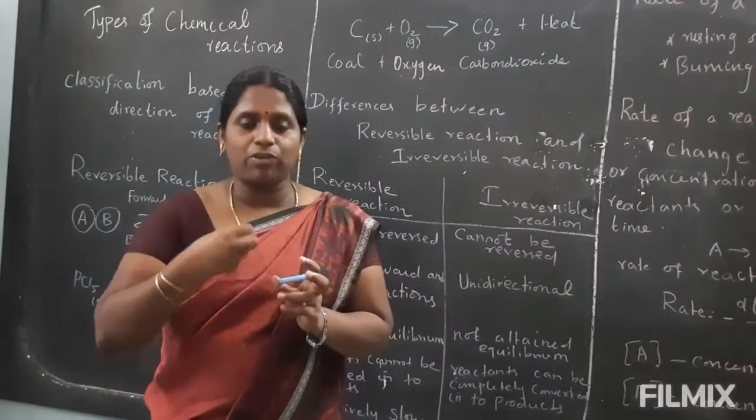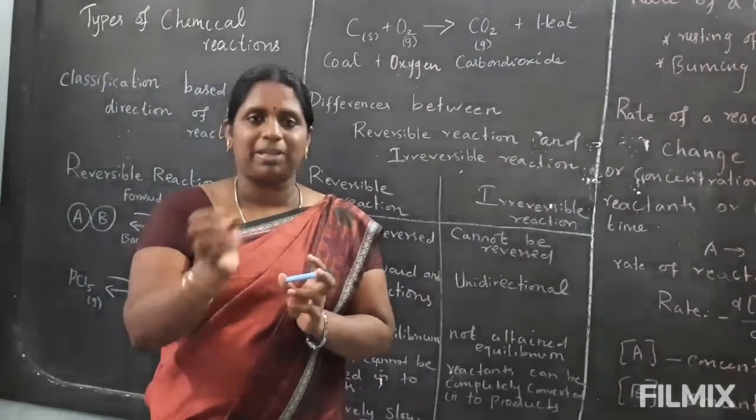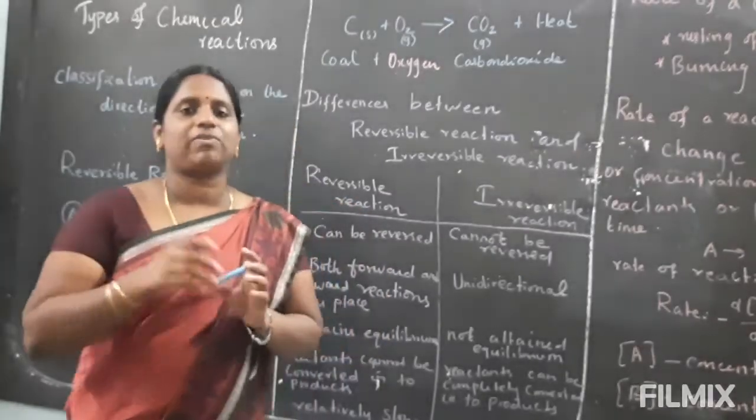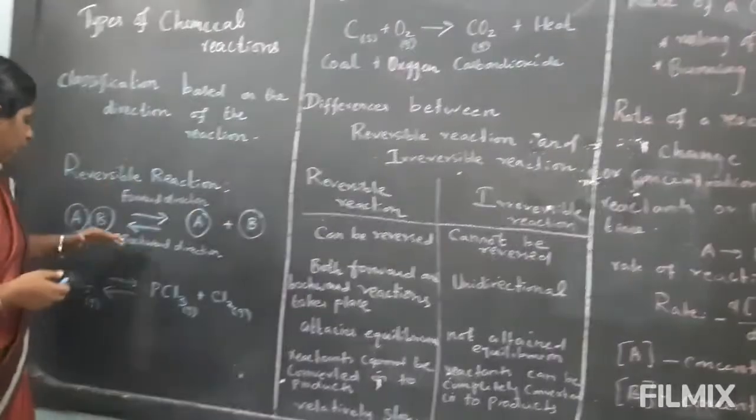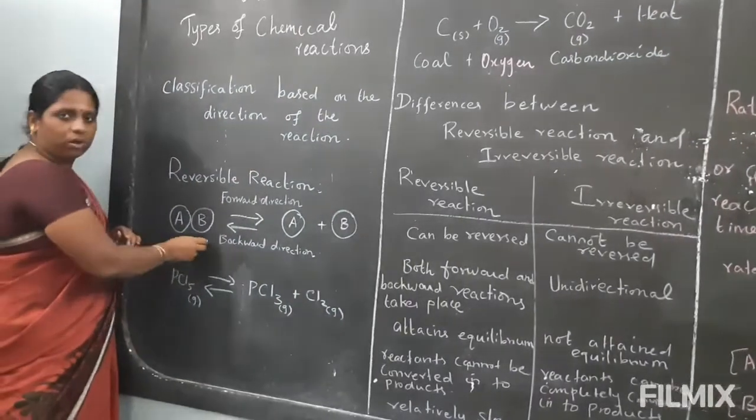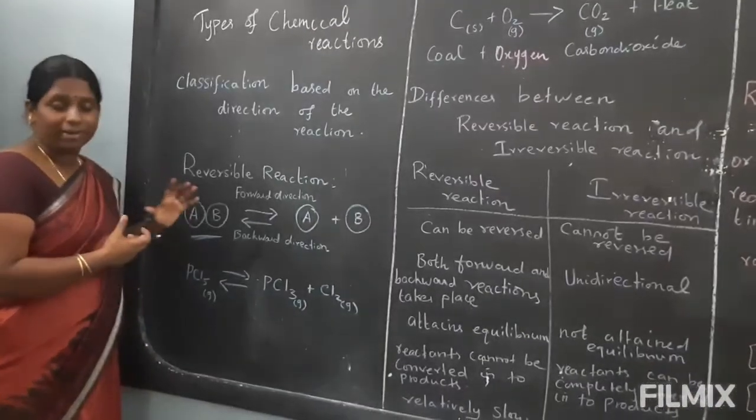How do I represent the schematic or syntax of a reversible reaction? AB is a compound, some product or some reactant.